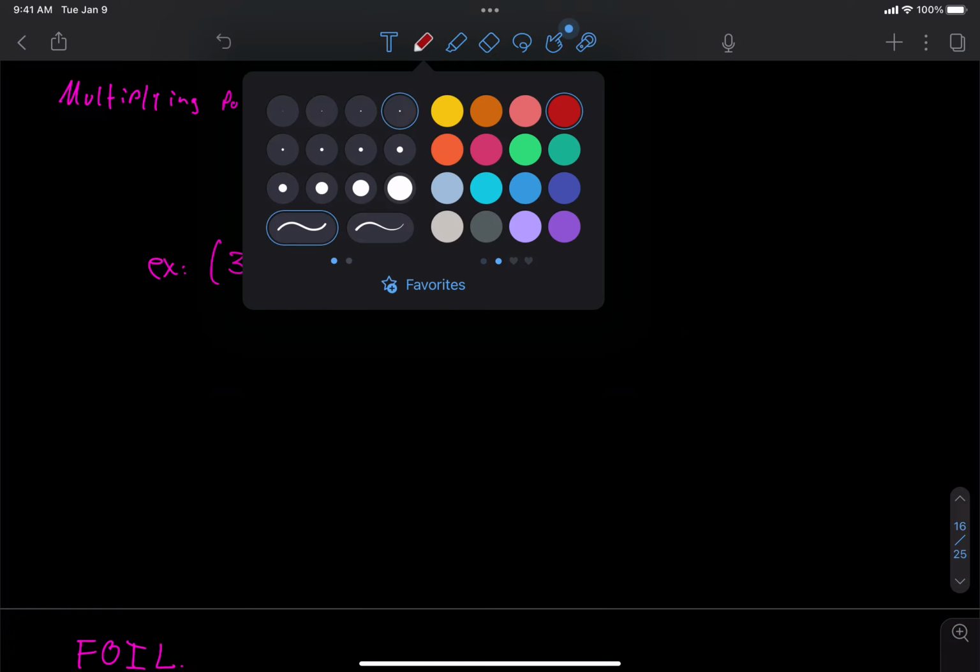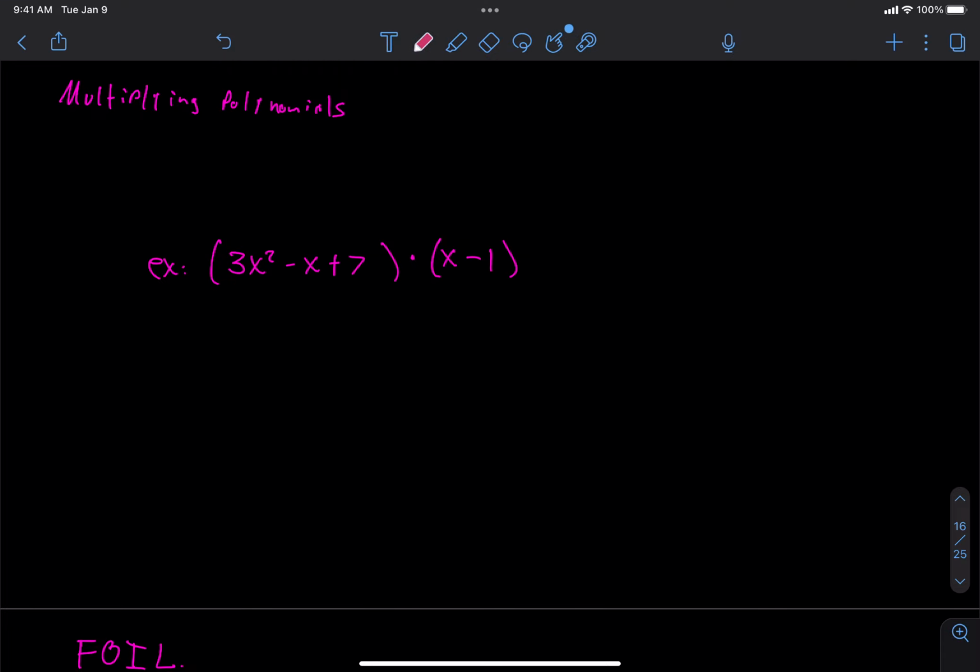And the only trick about multiplying polynomials is we are going to need to use a certain property of multiplication that we learned earlier today. Does anybody know what it is? That's right. It's the distributive property, right?